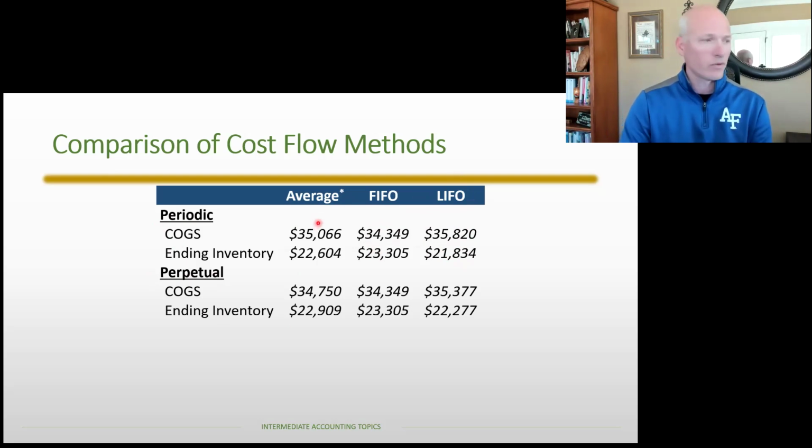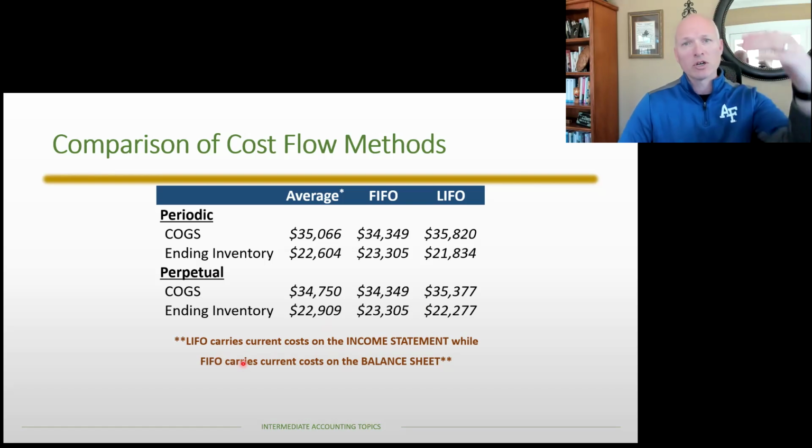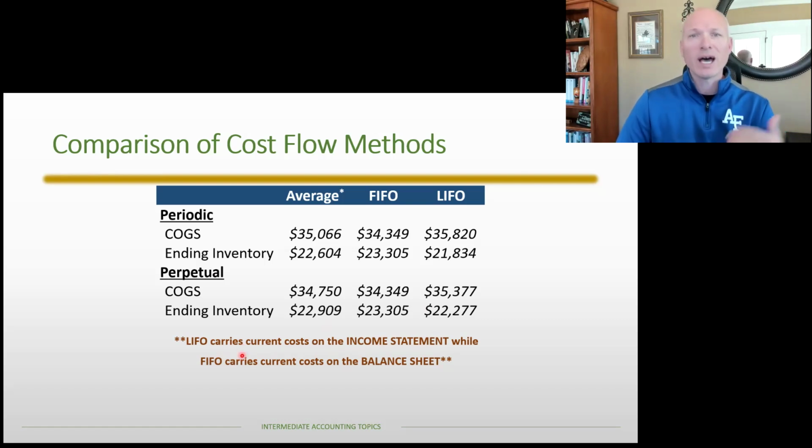And the reason why is because LIFO carries current costs, the latest costs, on the income statement, while FIFO carries those current costs on the balance sheet. And so if costs are going up, under LIFO, the highest costs are going to be on the income statement, whereas under FIFO, the highest costs are going to be on the balance sheet.